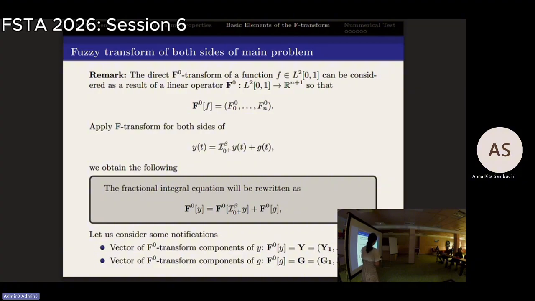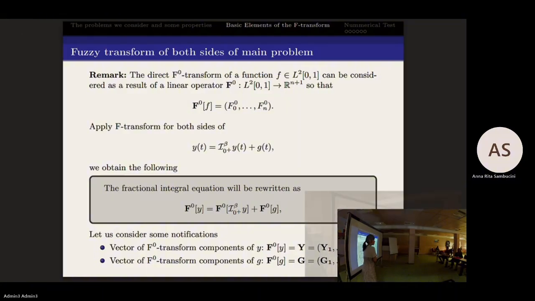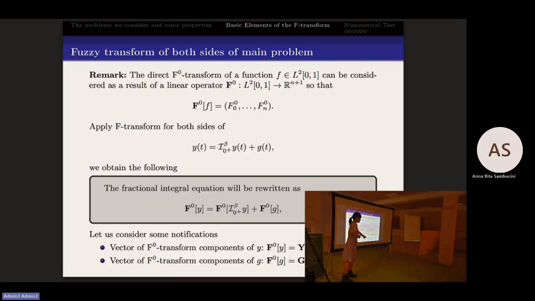Let's see that this part is easy to make. This part is easy as well. However, this term is a problem, because we apply fuzzy transform for this integral operator.